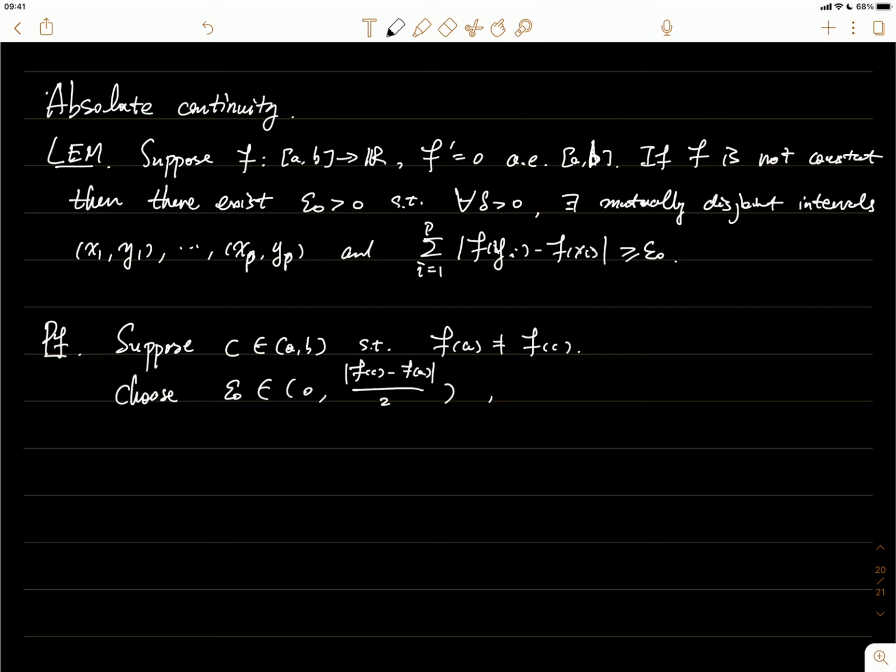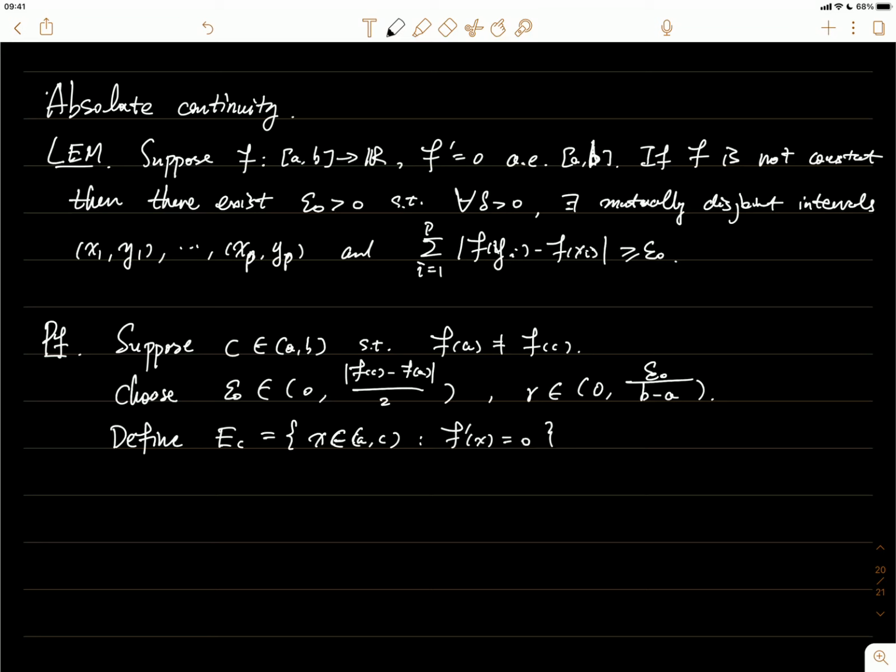And then also choose r to be any number between 0 and epsilon 0 over b minus a. Just choose these two numbers. They are both possible. Then we define the set EC to be the set of points in the interval a to c where the function f has derivative equal to 0.